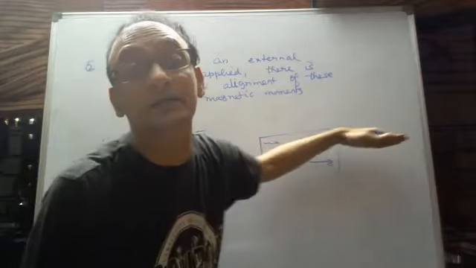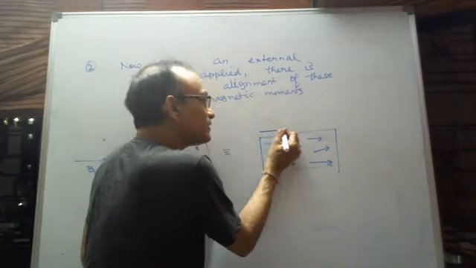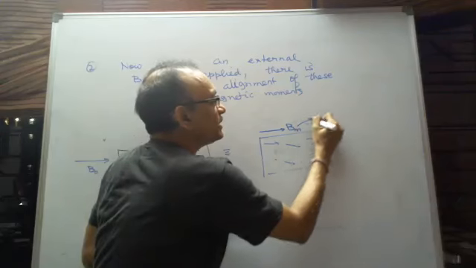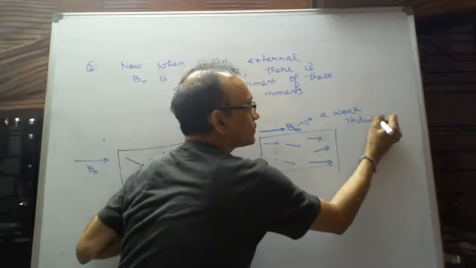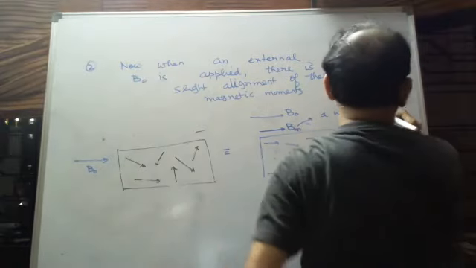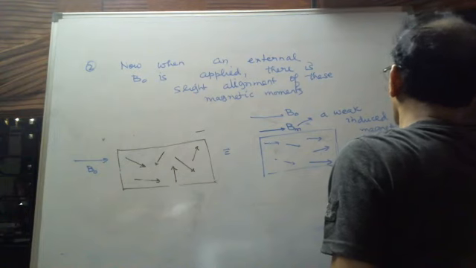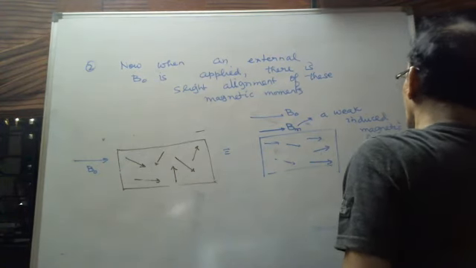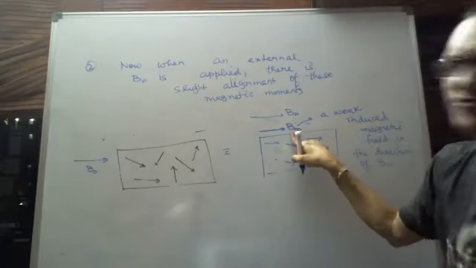So there is a net magnetic field induced inside the material, a weak induced magnetic field in the direction of B0. Not very much; this Bm will be weak.